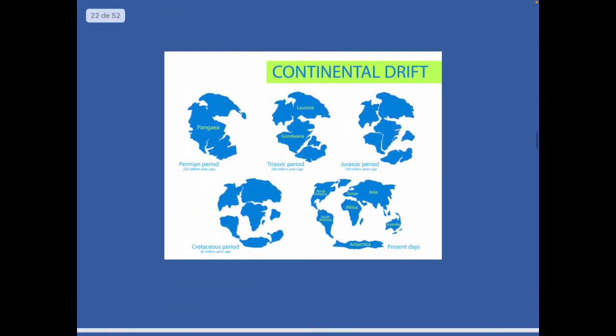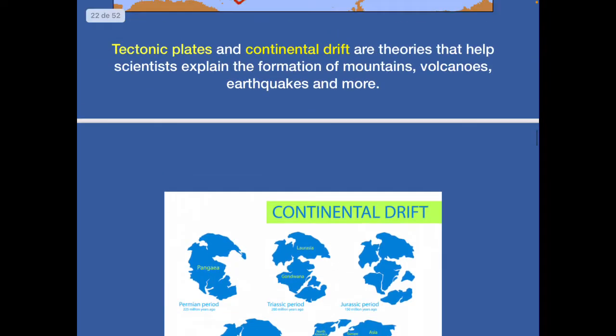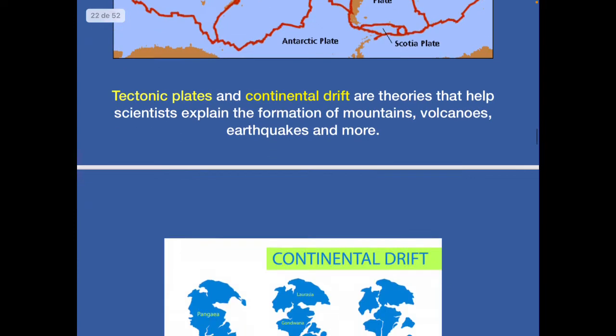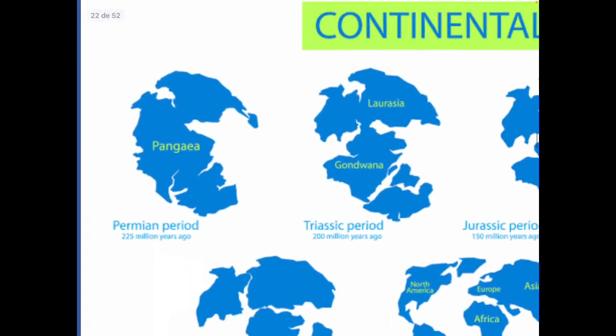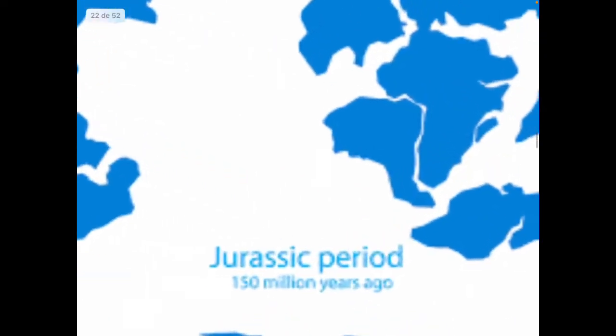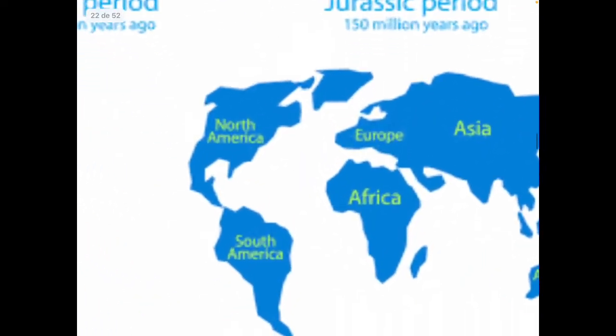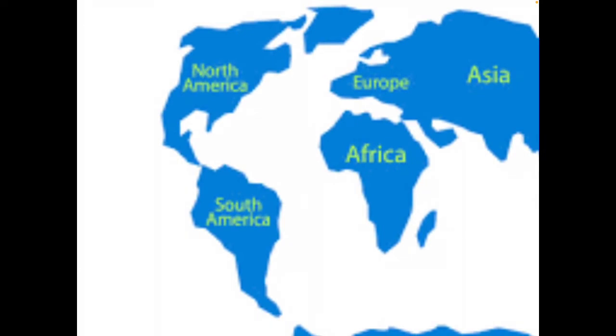Well, we have the proof of precisely volcanoes, we have the proof of earthquakes, we have the proof of mountains, and we can follow them around like a puzzle, and we can make that puzzle into a nice model that will be telling us which are the parts of the puzzle, where is one part ending and where is another part starting. Of course, this has changed a lot throughout the years, and in continental drift we will be able to see that perhaps there are some mountains in South America that match other mountains in Africa, and that is because these two land masses used to be together.